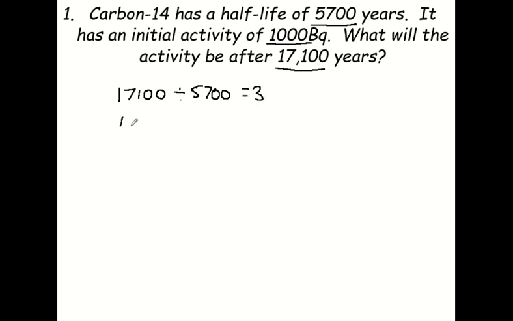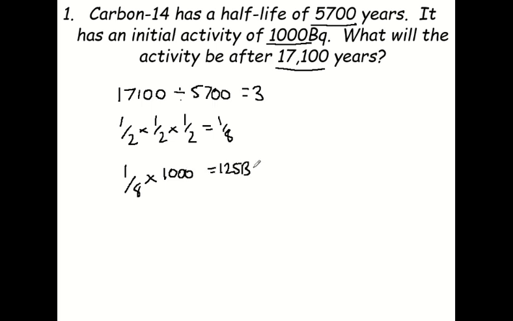Then what we need to do is work out half times a half times a half, which gives us an eighth. And then to work out the activity is just an eighth times by 1,000, which gives us 125 becquerels. So if you got that right, give yourself a mark.